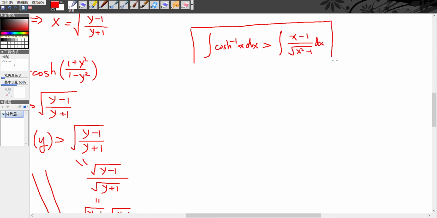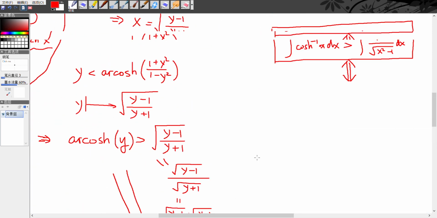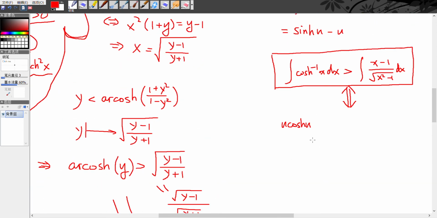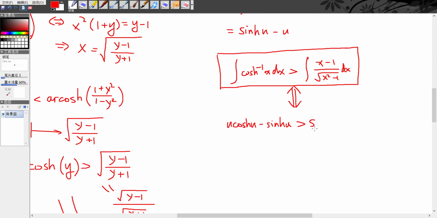So this inequality is equivalent to the inequality u cosh u minus sinh u is bigger than sinh u minus u. So this is the inequality we'll have.